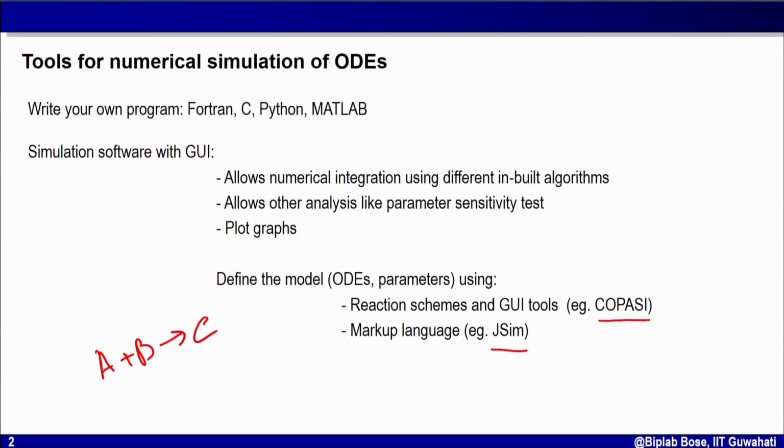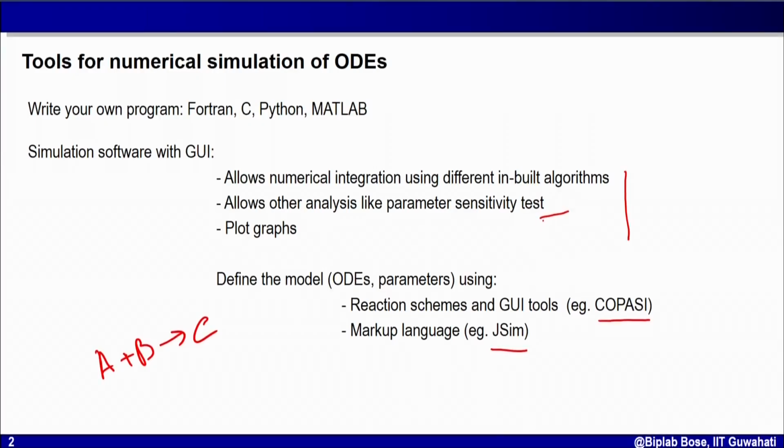Now all of this software has certain advantages. Most of them have multiple algorithms available so that you can choose one of the algorithms based on your utility. They not only allow you to solve the ODE, but they also have certain other tools, for example, parameter estimation and parameter sensitivity analysis. We will not discuss those, but those tools are many times very useful.